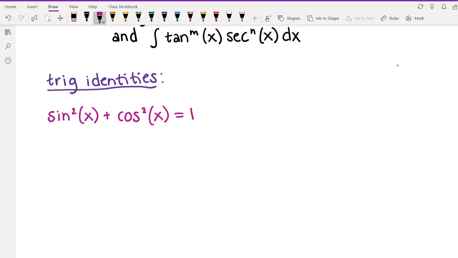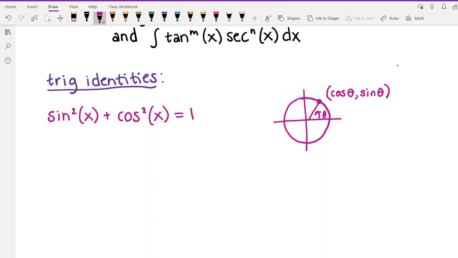So where does that come from? Really, it just comes from the fact that if you remember how trig works on the unit circle, any point that you go to on the unit circle, if you're at an angle, let's call it theta so that it doesn't get confused with the x and y coordinates, then the x coordinate of the point is going to be cosine of theta, and the y coordinate of the point is going to be sine of theta.